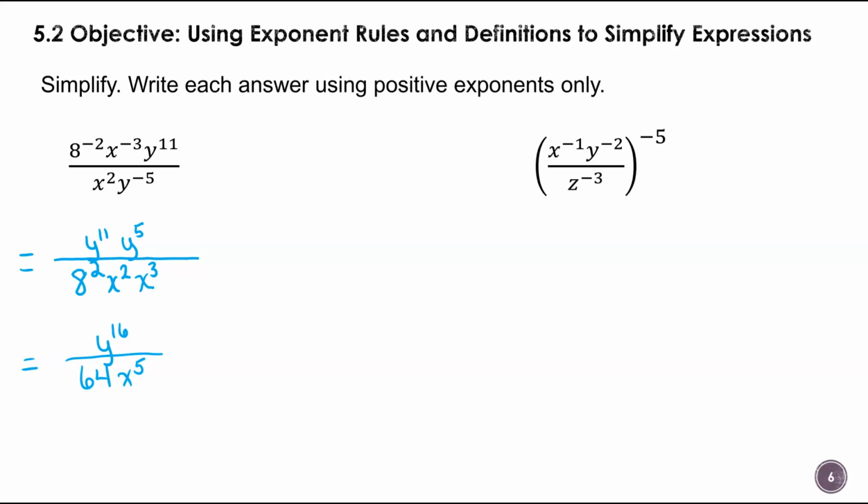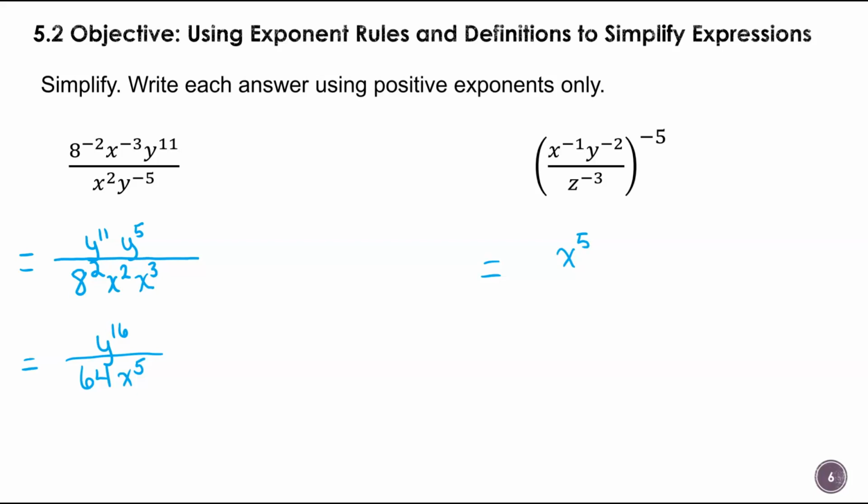Okay, so for this one, I like to look at them and think, what would be the best way to go here? Well, notice that all my exponents are negative, so when I multiply them by a negative 5 exponent, they all become positive, and that makes for a pretty quick problem. So on the x, I have negative 1 times negative 5, which gives me positive 5.